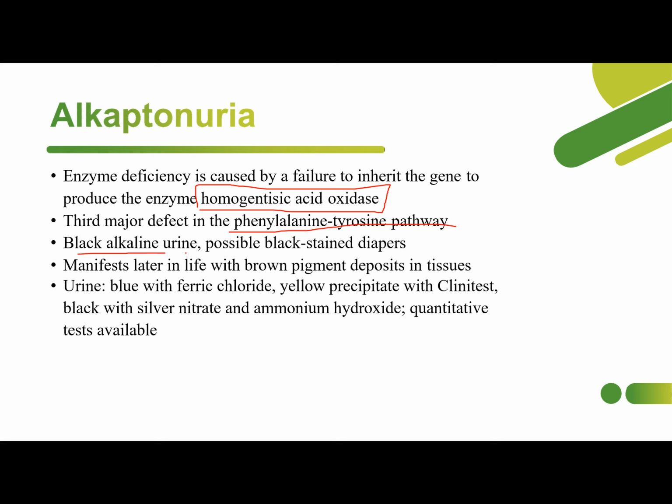Black alkaline urine and possible black stained diapers. It would manifest later in life with brown pigment deposits in tissue. Urine would be blue when added with ferric chloride, producing yellow precipitate with Clinitest, black with silver nitrate and ammonium hydroxide, and there are also quantitative tests available.